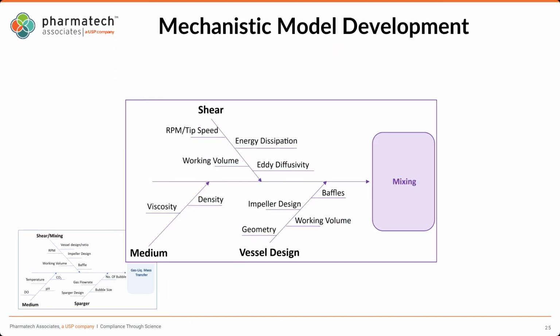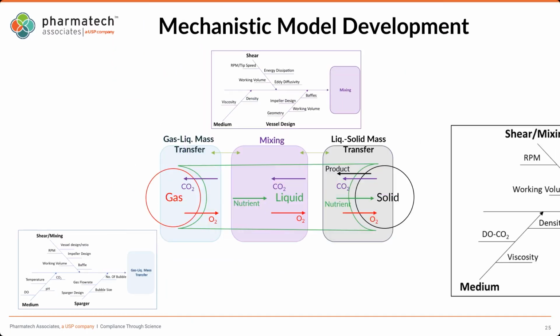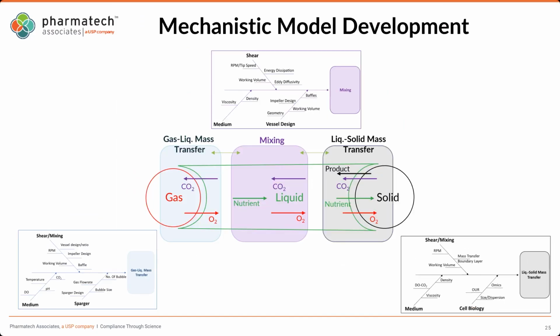We go to the underlying physics and the thermodynamics at each interface. We have a sparger that develops gas bubbles. This is an example for the KLA, which would be similar for nutrients or byproducts or cell behavior. You can see the blue interface on the left side is a gas liquid mass transfer interface, and there are lots of properties or process parameters that are going to impact that mass transfer flux.